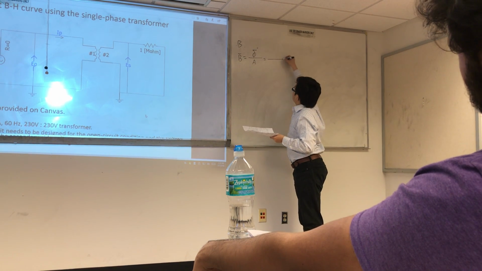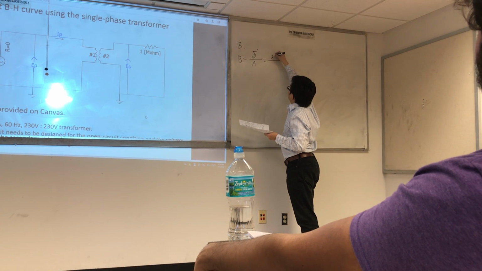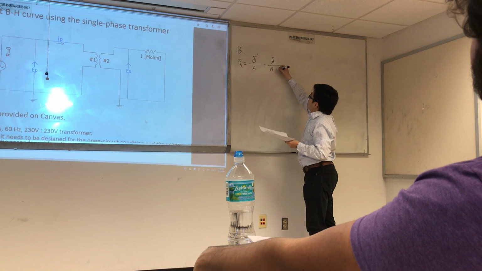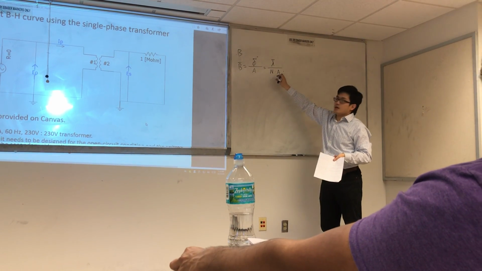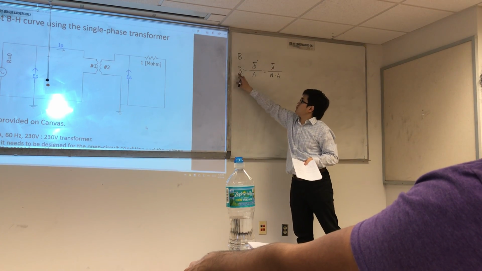We know the flux phi is lambda divided by the turns ratio. And here is the A. Turns ratio is a constant, area A is a constant, so we can use lambda to replace B.